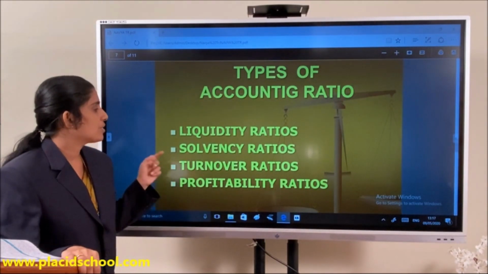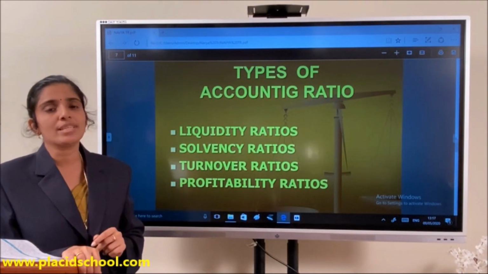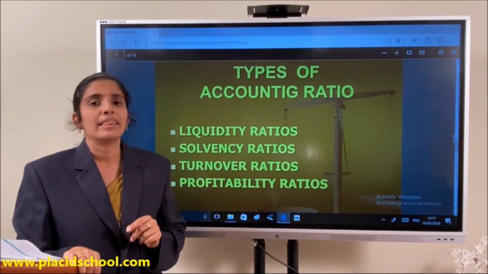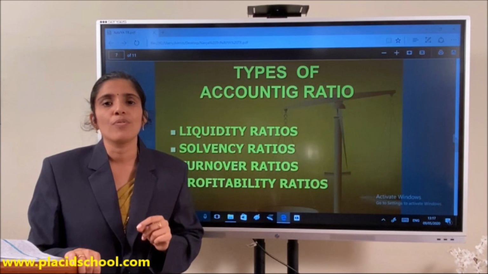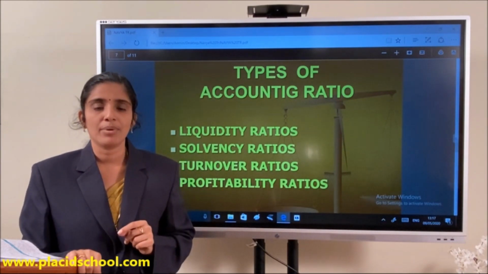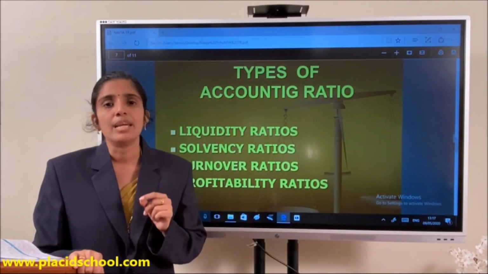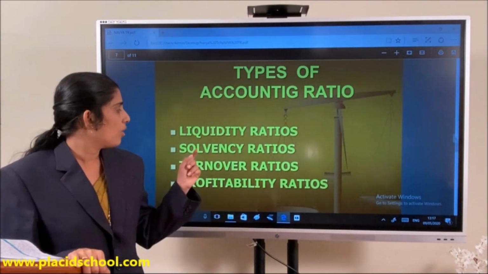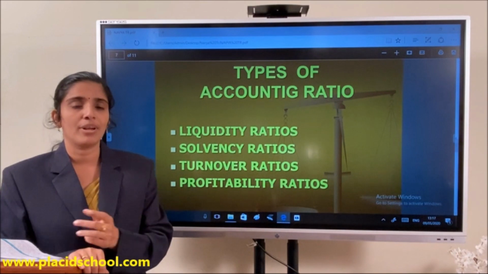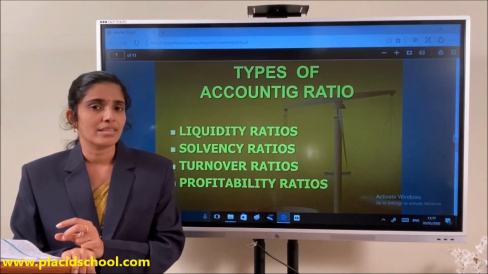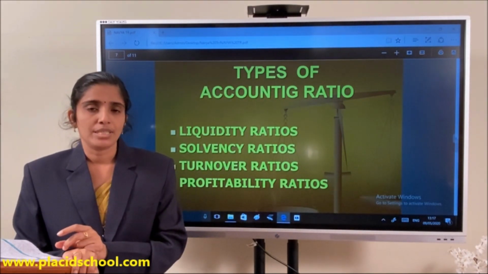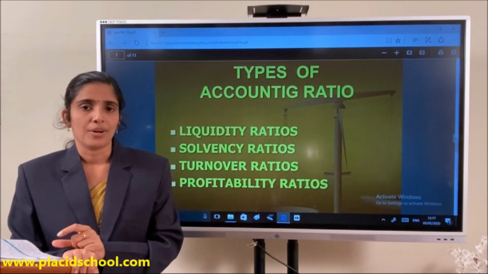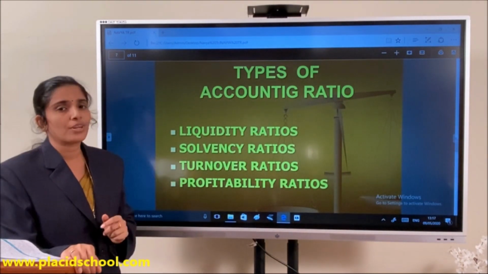Then the second one, solvency ratio. In the solvency ratios, we calculate the long-term solvency of the organization, that means the long-term debt repaying capacity of the organization. In these solvency ratios, we calculate proprietary ratio, interest coverage ratio, debt equity ratio, etc. Then the turnover ratios.